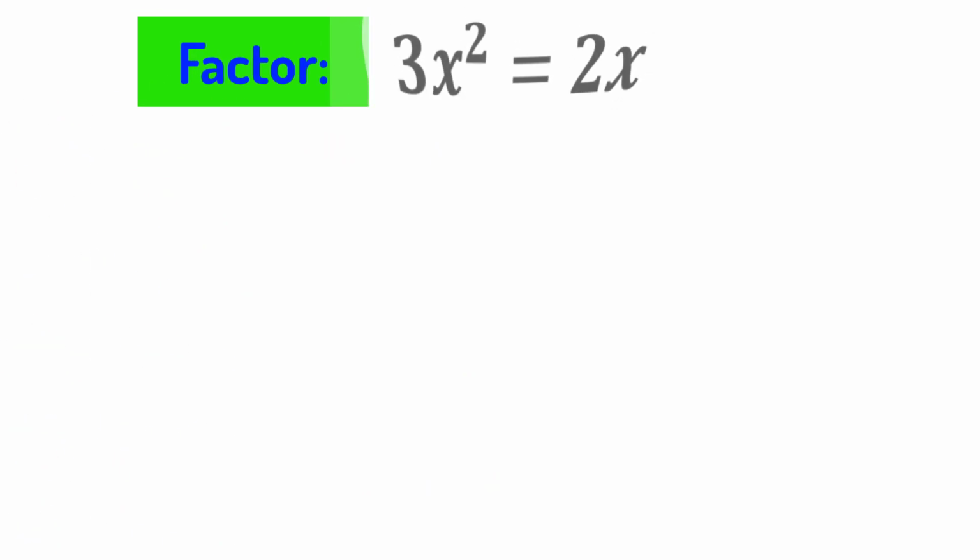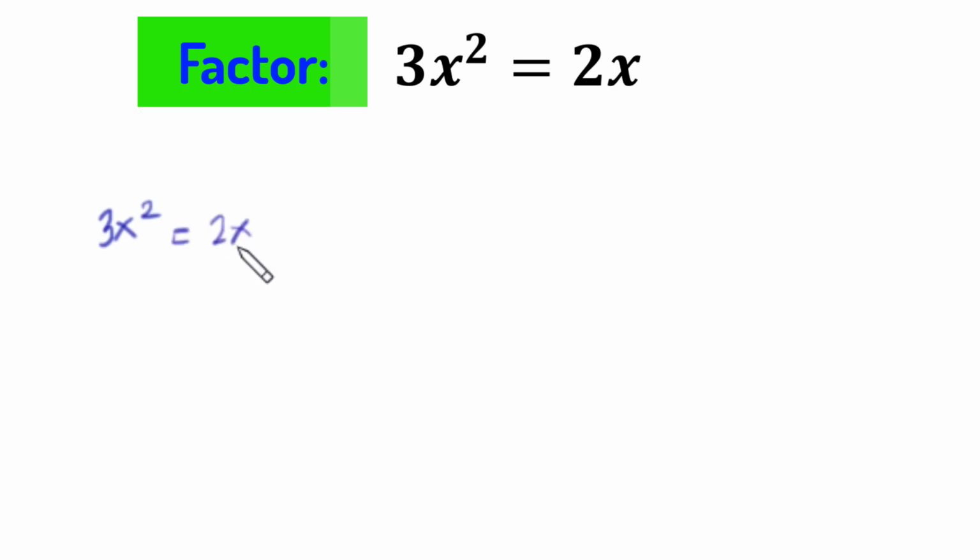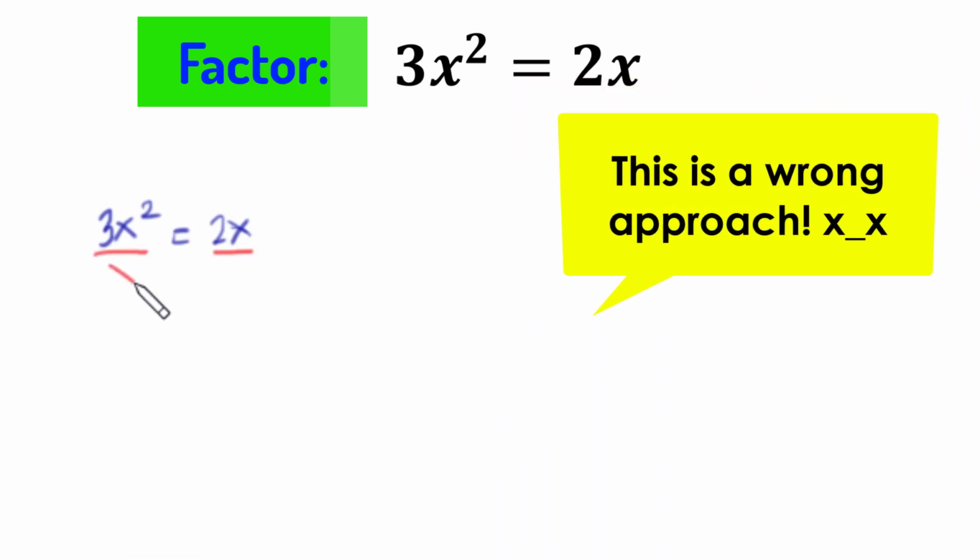So for our last example, we have 3x squared is equal to 2x. Some of you will attempt to solve this by simply dividing both sides by x. So you're going to divide both sides by x.